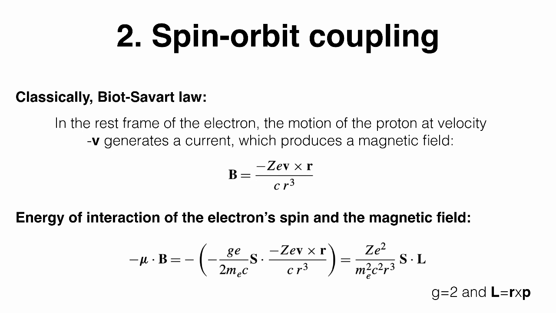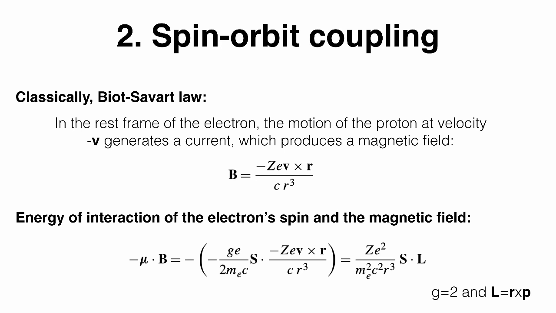Now, at the same time, the electron has an intrinsic spin, which is the intrinsic spin angular momentum S, which means that there is an associated magnetic moment. So there is a magnetic moment that can interact with a magnetic field.